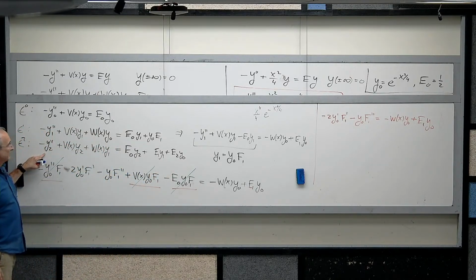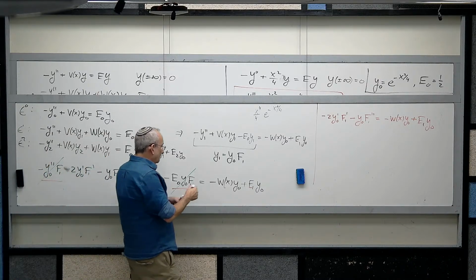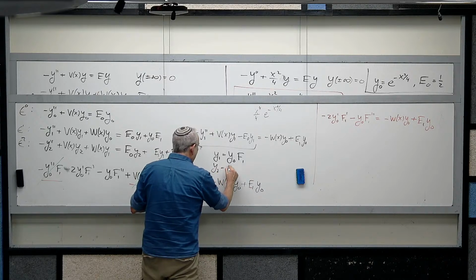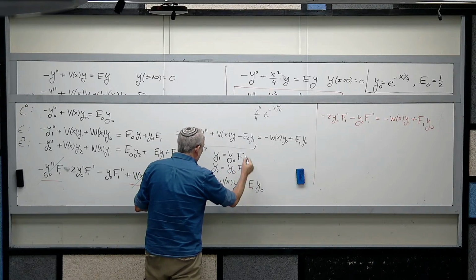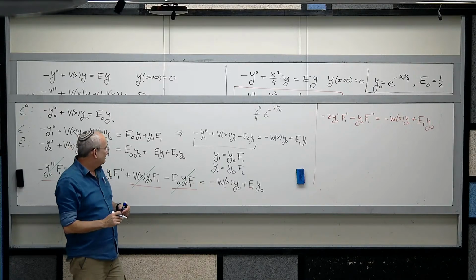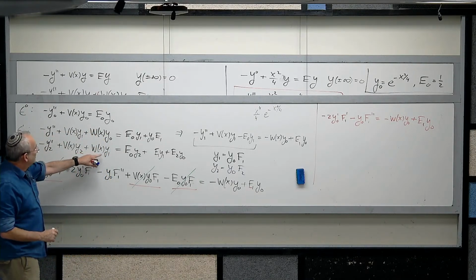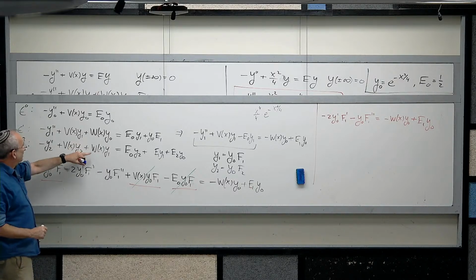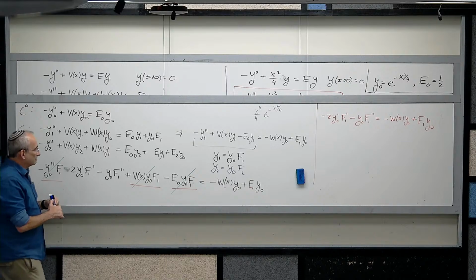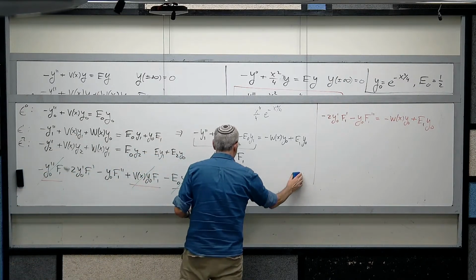I will use the same trick, except that I will write y2 will be y0 times f2. Right? Because here also I can take this for the second order. Okay, let's do this.